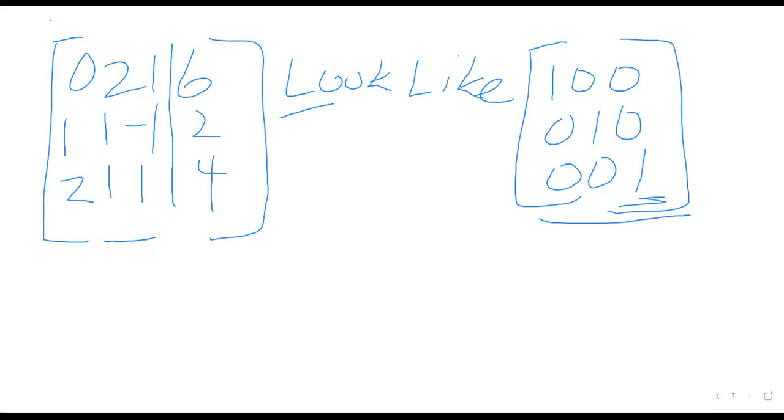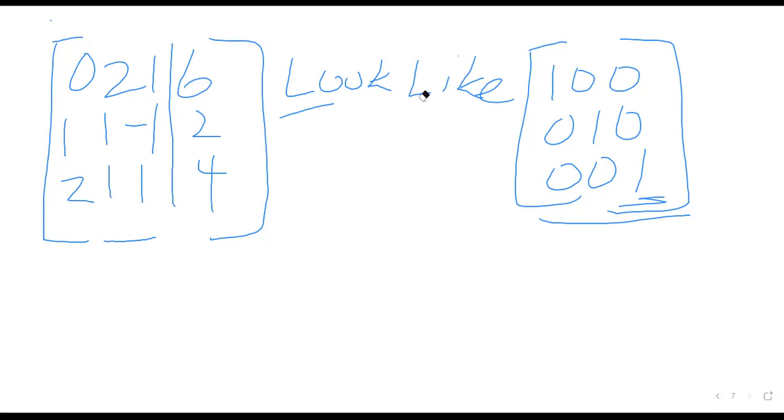Then the 6, 2, and 4 will be aside first. No, they are supposed to be in here. We've augmented it, so it is supposed to look like this.